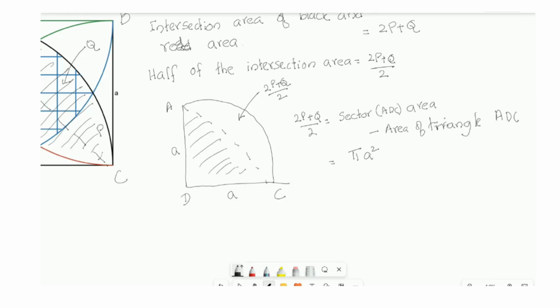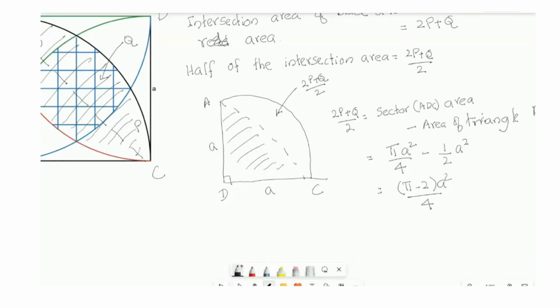This area is a quarter of that circle, that is pi A square divided by 4, minus area of a triangle. It is a right angle triangle. This is a right angle, therefore this is equal to half A square. Now I can simplify that one. It is equal to (pi minus 2) A square divided by 4.